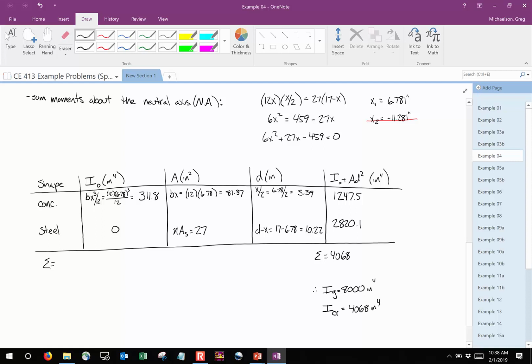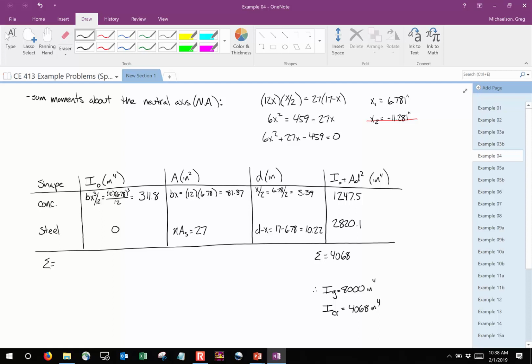Does it make sense that it's smaller? Yeah. You crack the beam. It's not going to suddenly get stronger, right? Remember what I is. It's a measure of the stiffness of a cross-section. The larger the I value, the more stiff it is. So once it's cracked, it makes sense that I suddenly drops down, right?